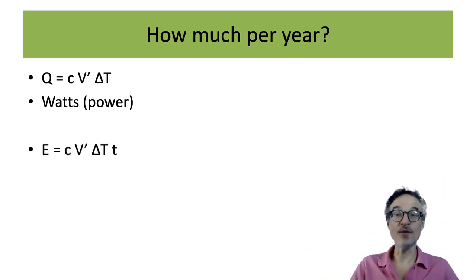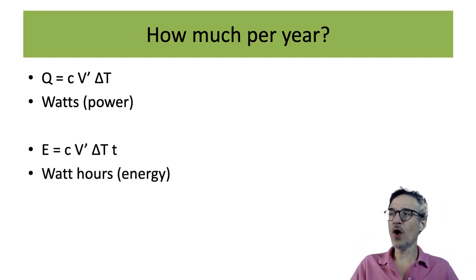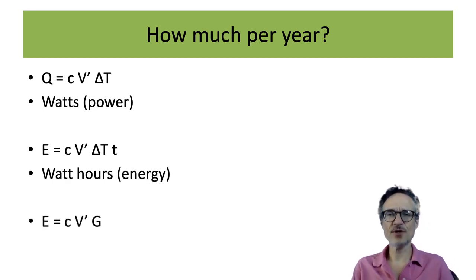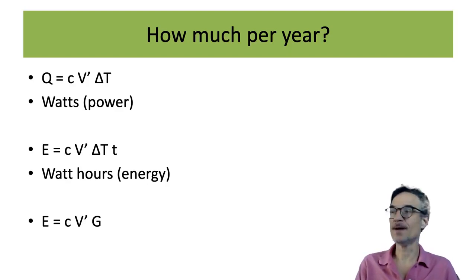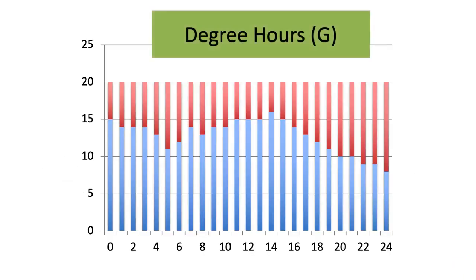So we can find at any one time if we know the temperature. For a whole year, we need to look at what's the temperature difference over a whole year. And to work this out, we have an idea that's called degree hours. So we can look at the temperature and time.